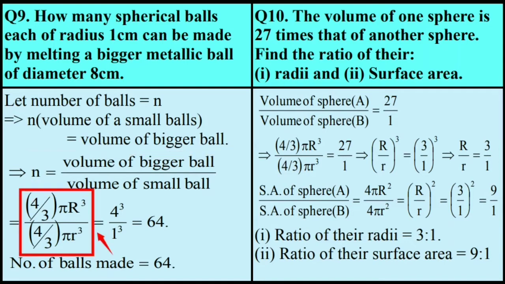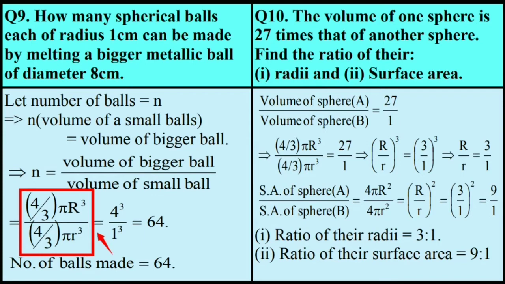In the given expression, the numerator 4 by 3 pi capital R cube is the volume of the bigger metallic ball, and the denominator 4 by 3 pi small r cube is the volume of a small spherical ball to be generated. In this expression, 4 by 3 and pi get cancelled and the value of capital R is 4 centimeter.